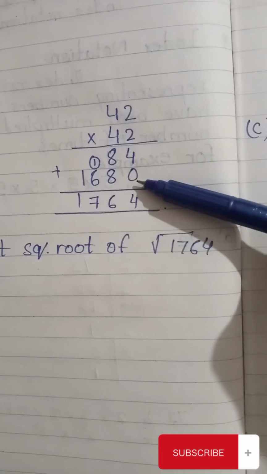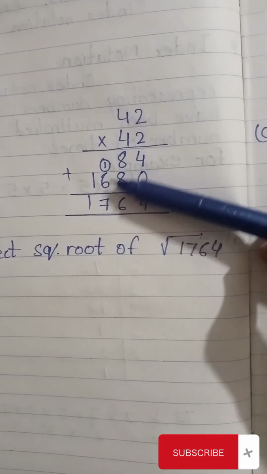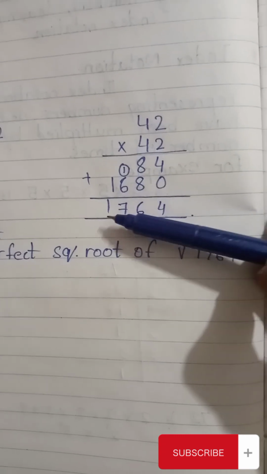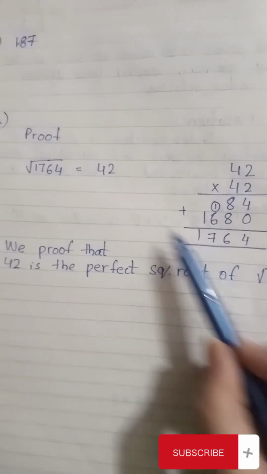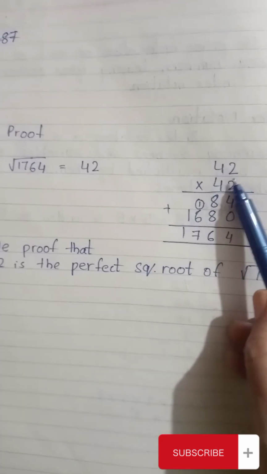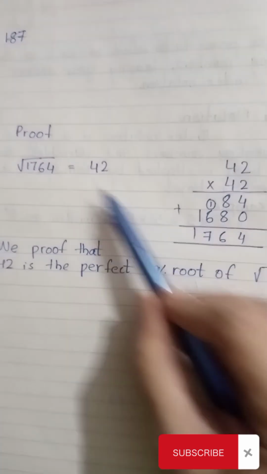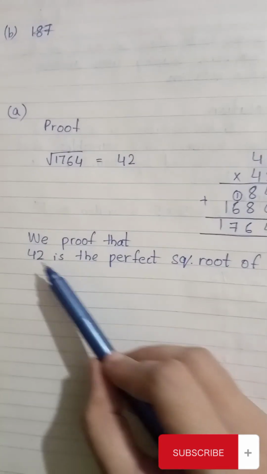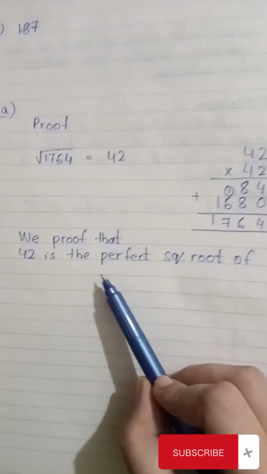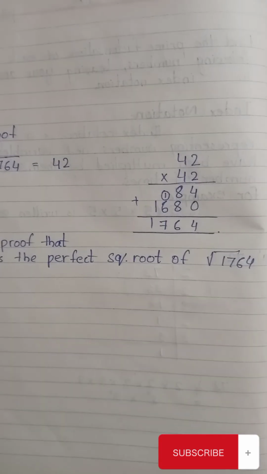Now we add to find the final answer: 4, 16, 6 plus 1 is 7 and 1 here. Now you can see that when we multiply 42 by itself, we got the same number. It means our answer is correct. Here we prove that 42 is the perfect square root of 1764.